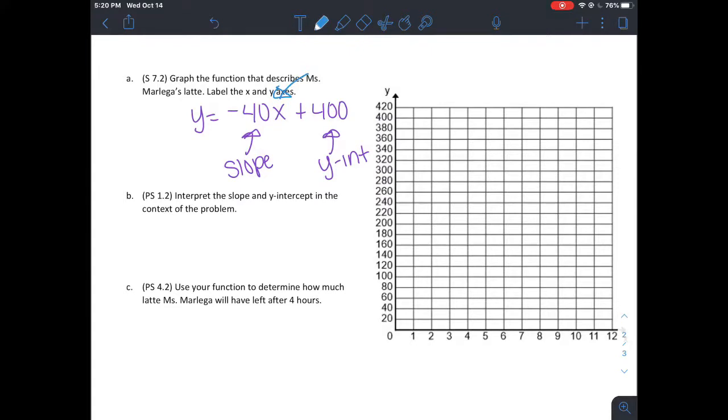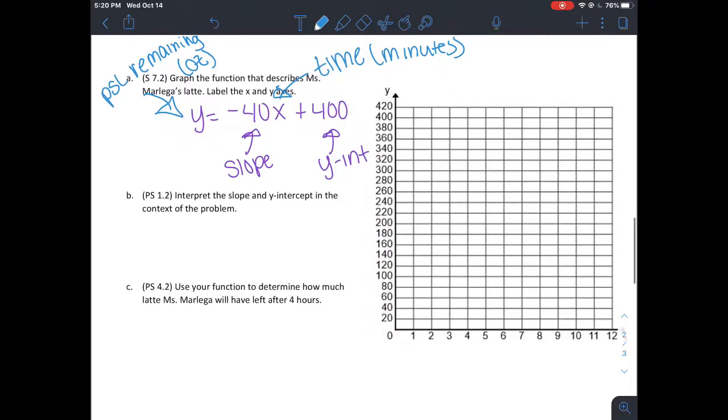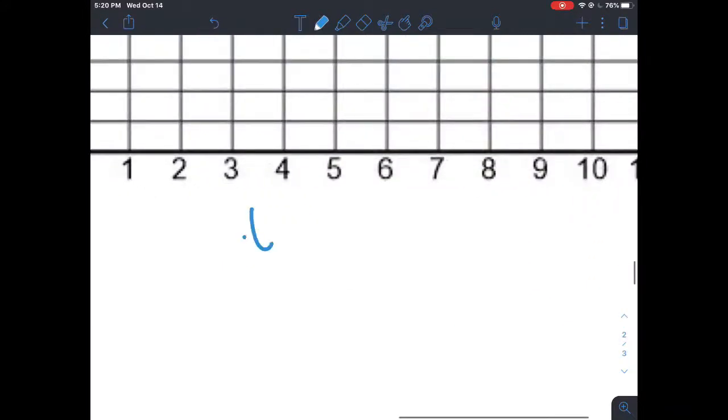X values, let me change colors. X values are going to represent time in minutes, and Y values are going to represent her pumpkin spice latte remaining, and it's measured in ounces. Okay, and then from there, I can label my X and Y axis.